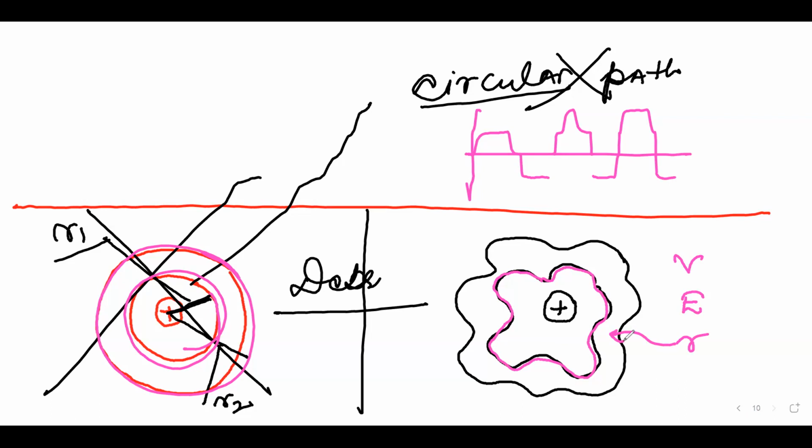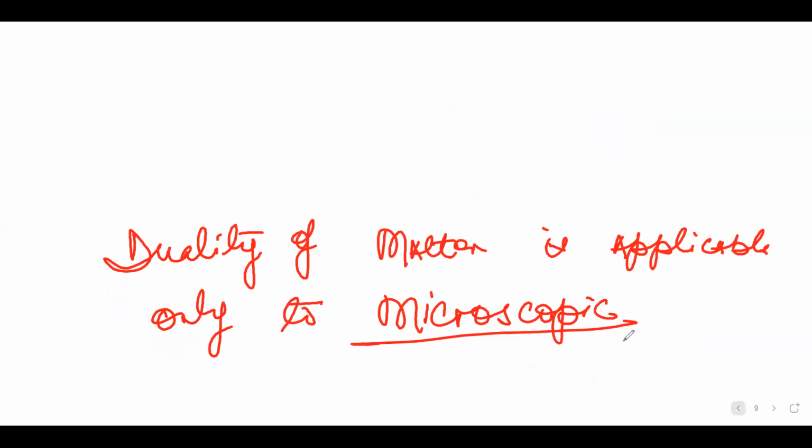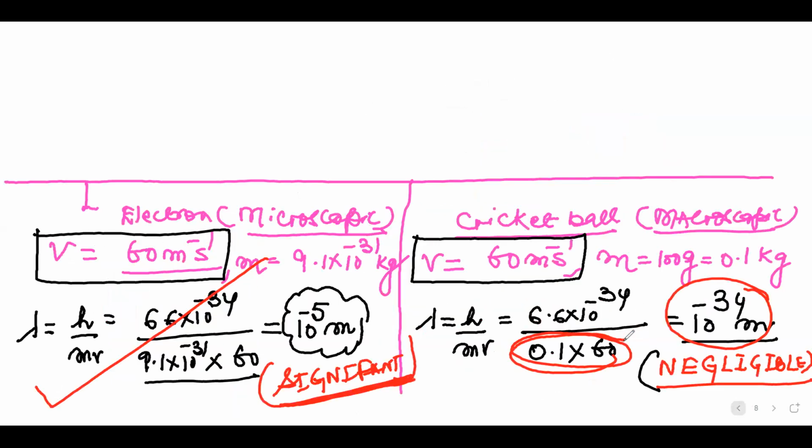Does everybody get me? Yes, sir. Now listen to my language. After I have discussed the de Broglie concept with you, the conclusion I have made is electron being a microscopic particle during motion has a very significant wave character. And as it has a very significant wave character, it means electron has to be considered as a wave.